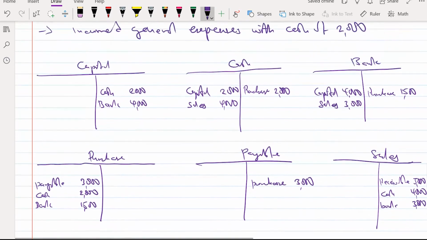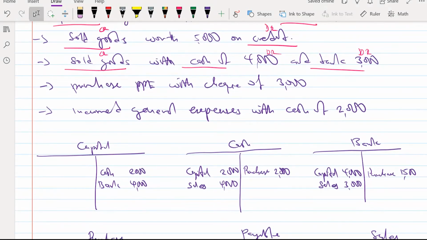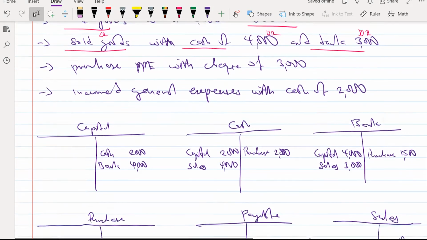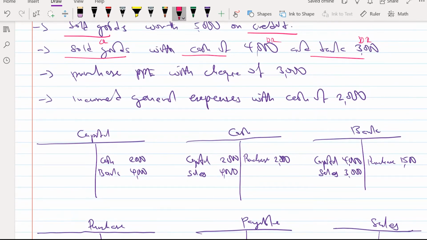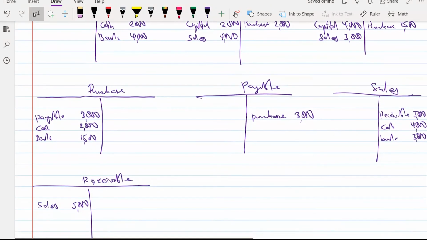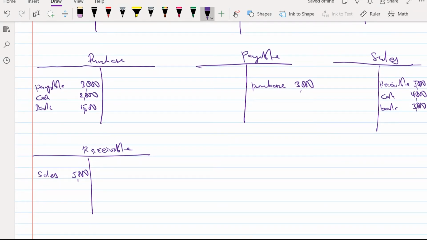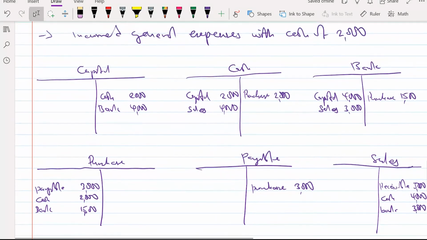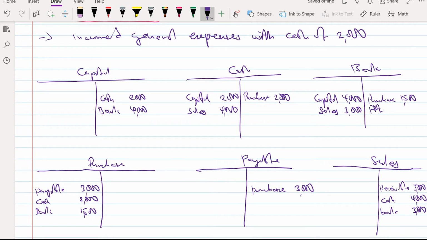Okay, next is purchase of PPE with check of 3,000. PPE is an asset. Money is going out with check, which is going to the bank. We have bank already, and we have PPE now. So we have bank 3,000 and the corresponding entry, PPE purchase 3,000 as well.